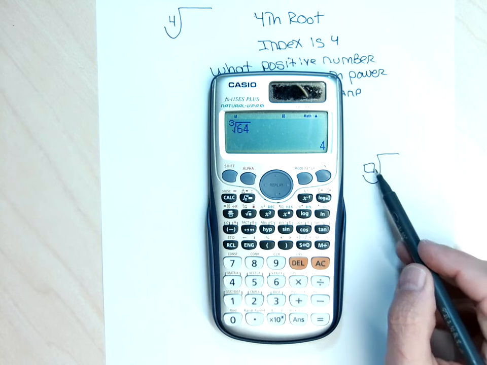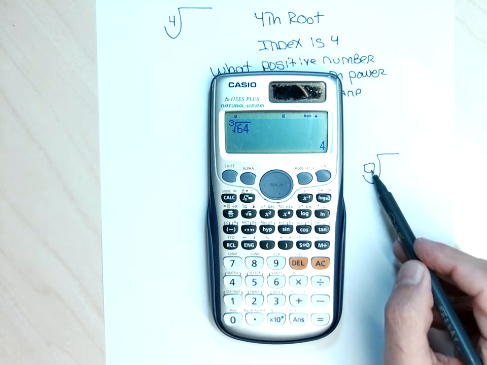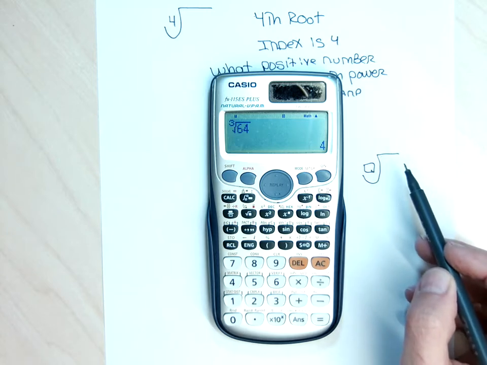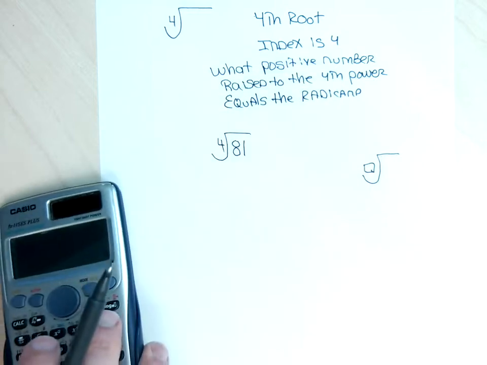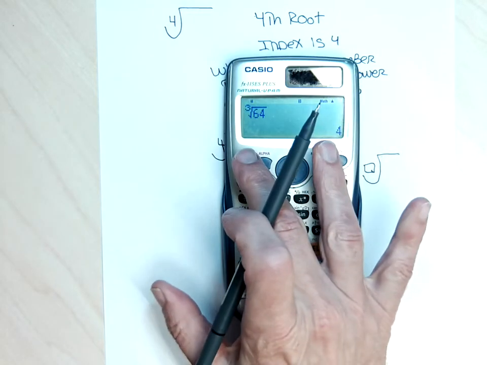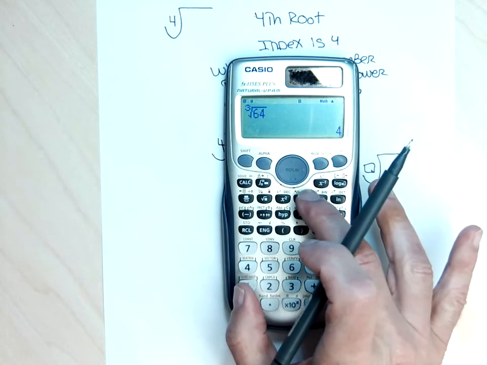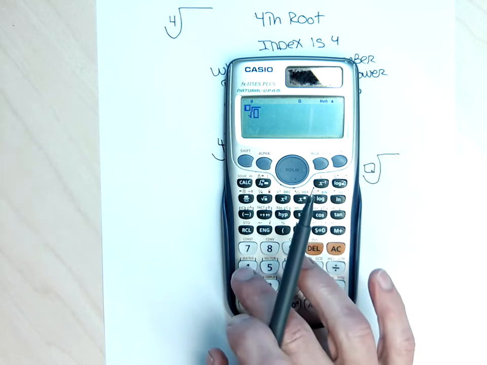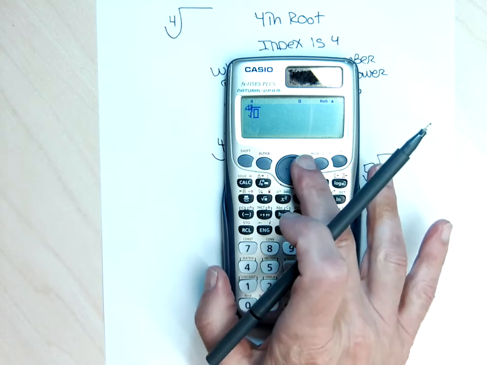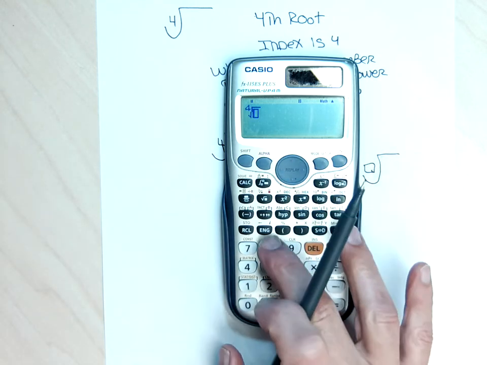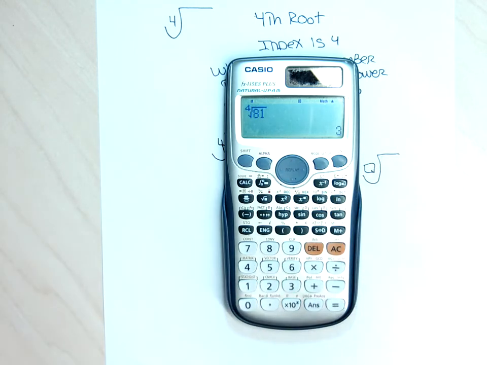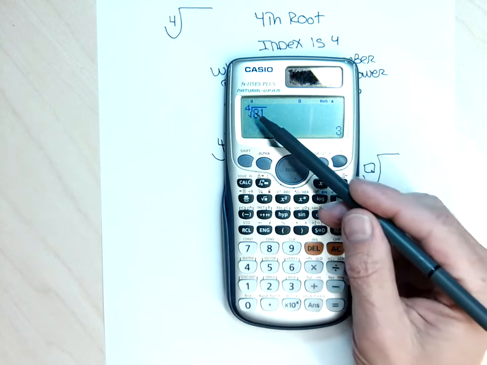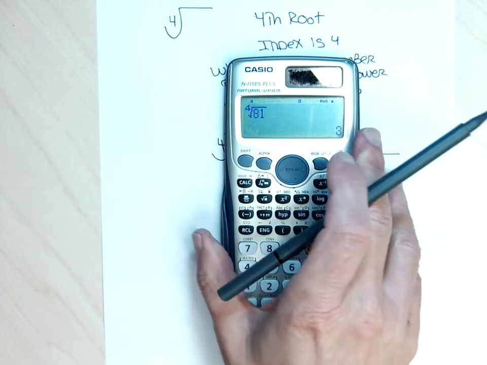It has a radical symbol and an index boxed, and this will allow me to enter any index that's not a square root or a cube root. If I wanted to do the fourth root of 81 on my calculator, I'd hit Shift and the X with a square, and that would give me the template for a fourth root. And then I'll do 4 for fourth root, use the mouse key, and then 81, and the fourth root of 81 is 3. For an even index, the answer is always going to be positive.